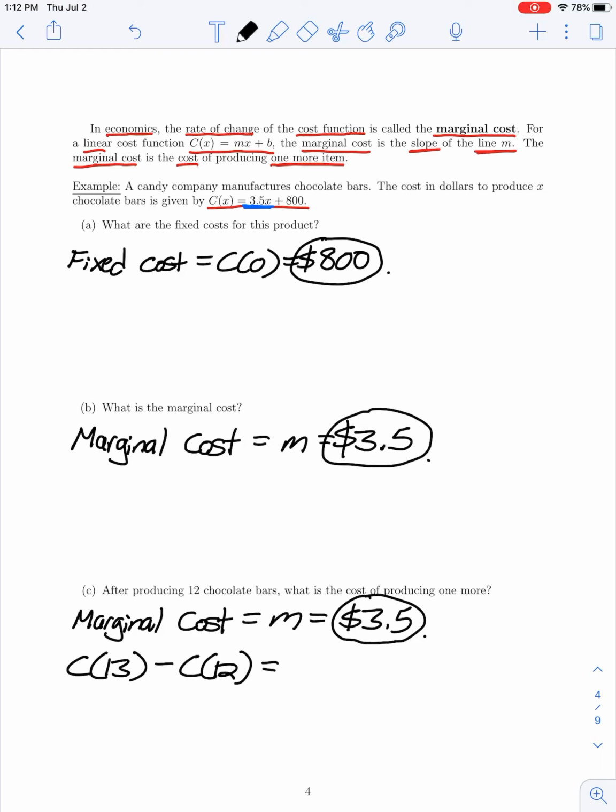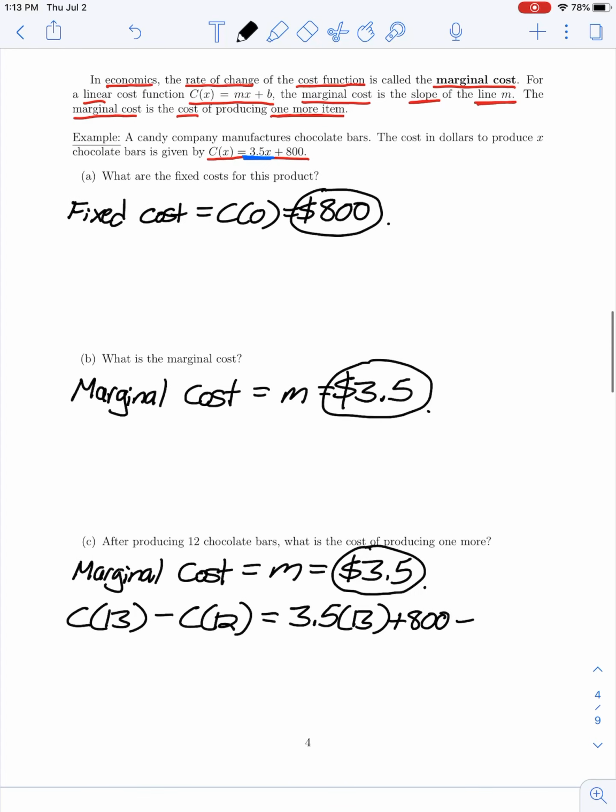Now, let's see what that gives us. So we would have the cost of producing 13 as 3.5 times 13 plus 800. And then we're subtracting the cost of producing the first 12, which would be given by 3.5 times 12 plus 800.